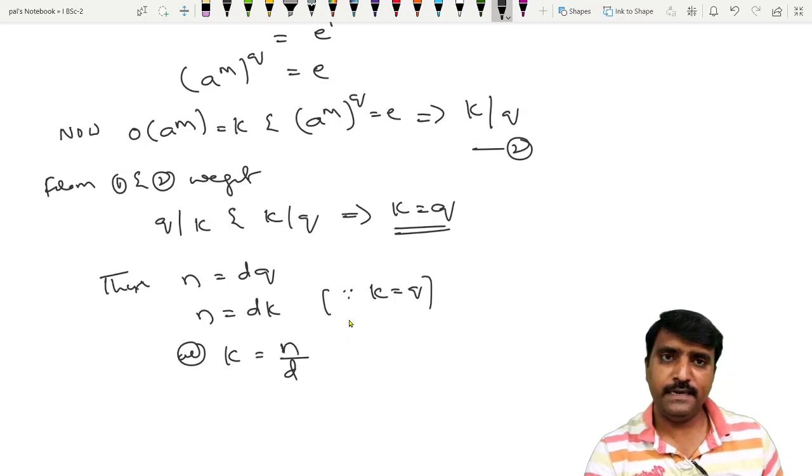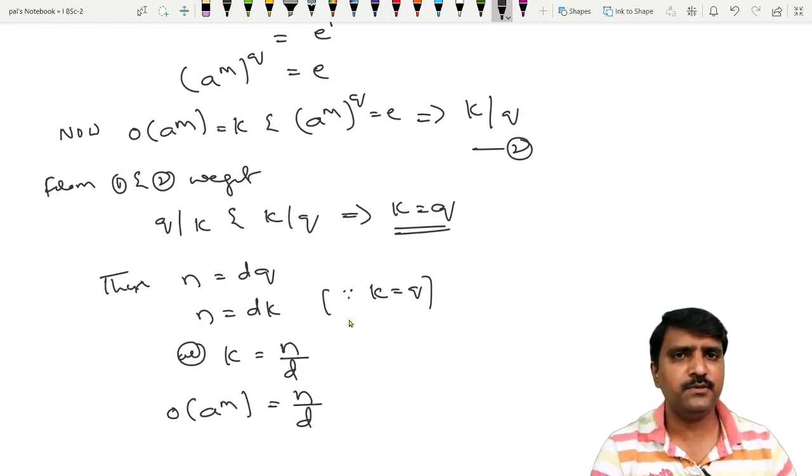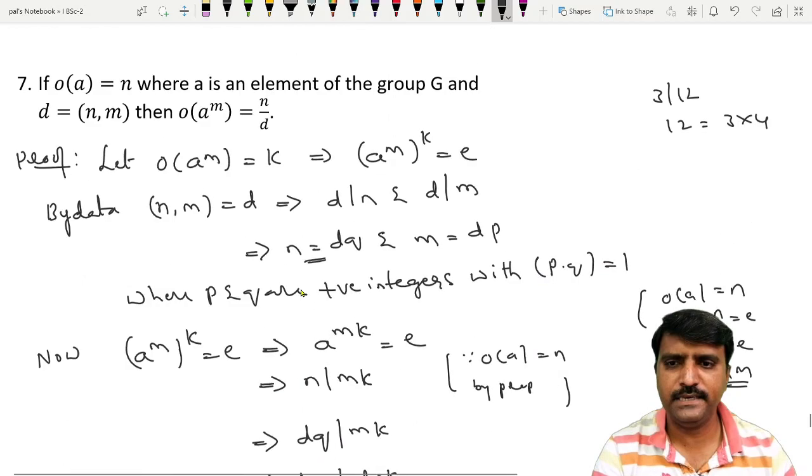But what is k? k is considered as the order of a to the power of m. You can write k as the order of a to the power of m, because we take that the order of a to the power of m is k here.